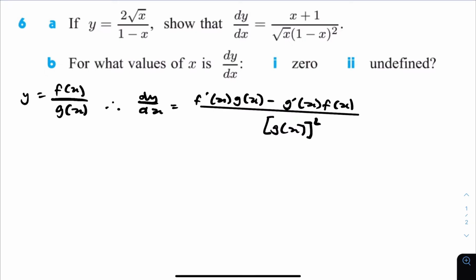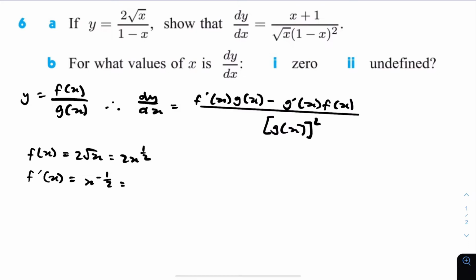So we know that f of x, in this case, is equal to 2 root x, which is equal to 2x to the power of half. So the derivative of f of x is equal to x to the power of negative half, which is equal to 1 over root x. Now, g of x is a lot easier to do, so we have 1 minus x, which differentiates to just negative 1.